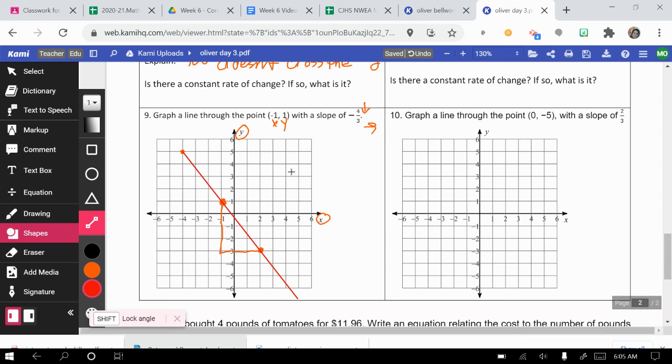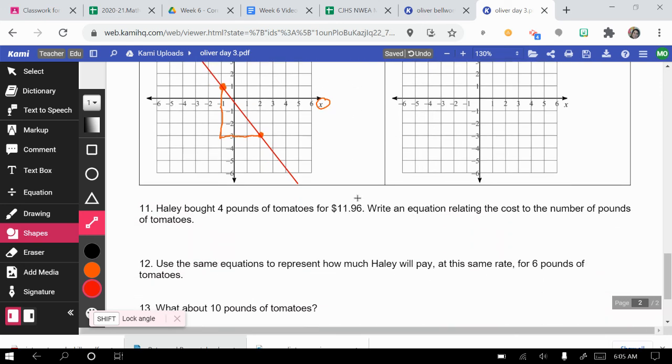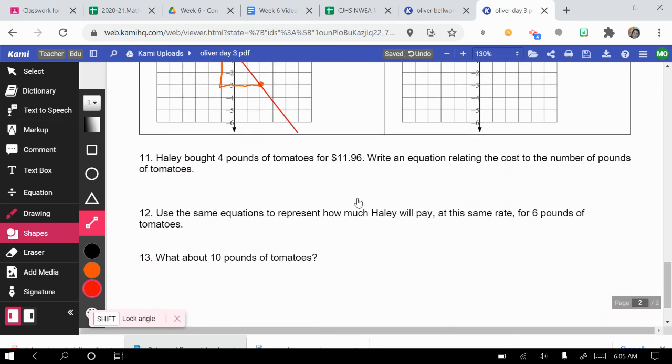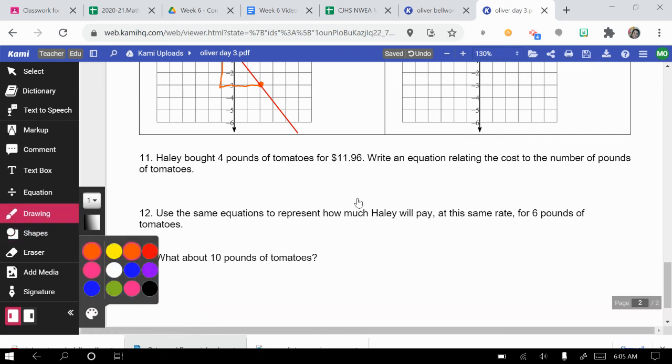All right, so we graphed, and then we're going to do the same for 10. Then we have some word problems, because we always gotta have word problems. Bailey bought 4 pounds of tomatoes for $11.96. Write an equation relating the cost to the number of pounds of tomatoes. So we take our cost and divide it by our pounds.